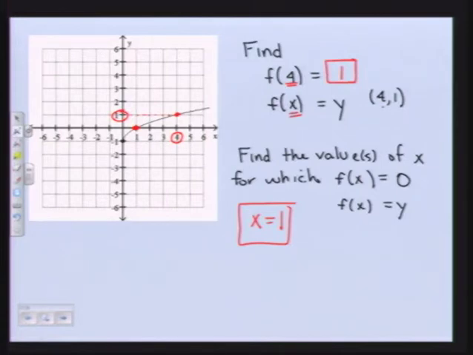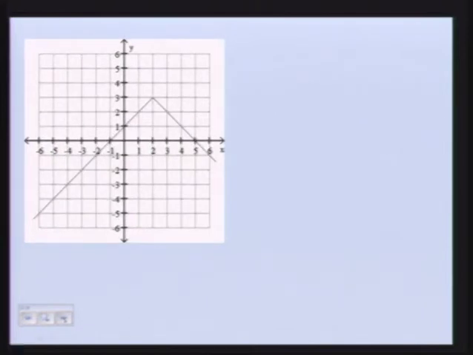All right. Let's do another example. Here's our absolute value function. I'm going to put some problems up here. Remember, you can always pause this and try these before you come back to get your answers. So let's find f of 1.